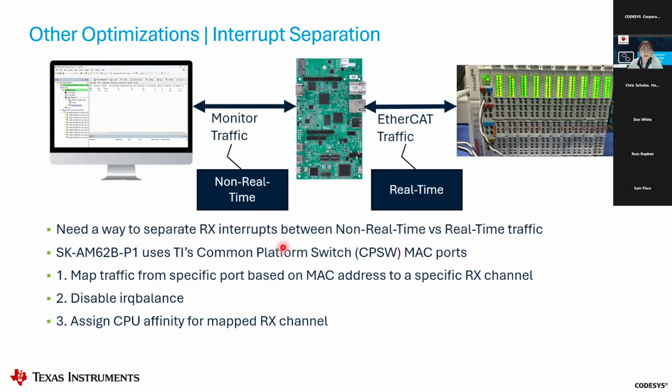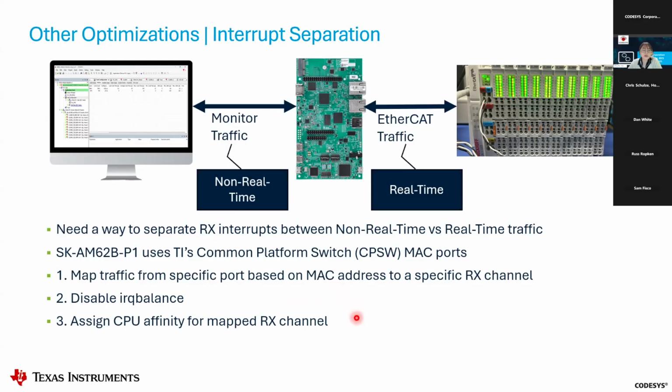Specifically, because we're using the evaluation board for the AM625 processor, which itself uses TI's Common Platform Switch, or CPSW, MAC ports, there are specific steps needed to separate the RX interrupts from each other. These steps include, first, mapping traffic from the specific port, based on the port's MAC address, to a specific RX channel.